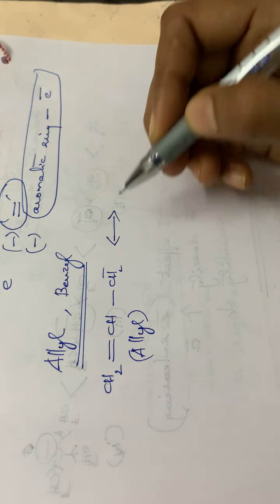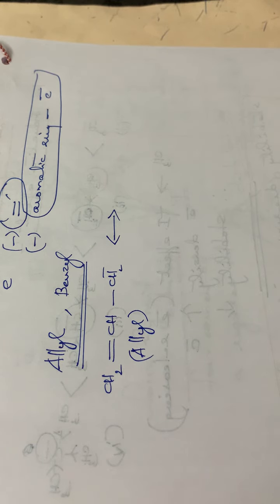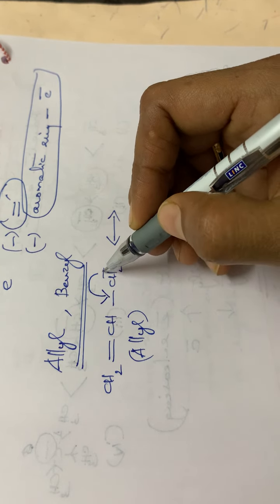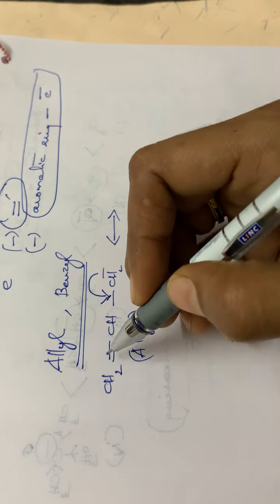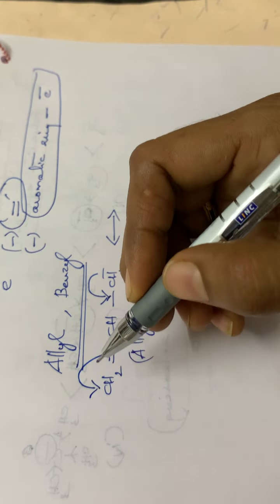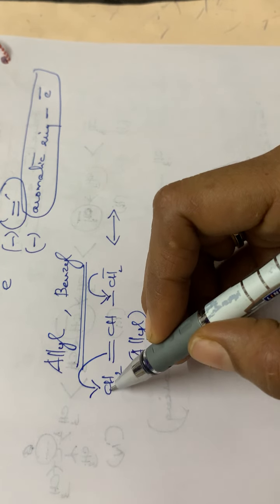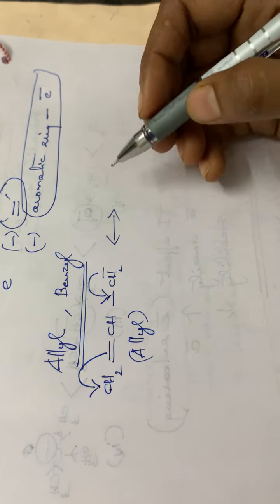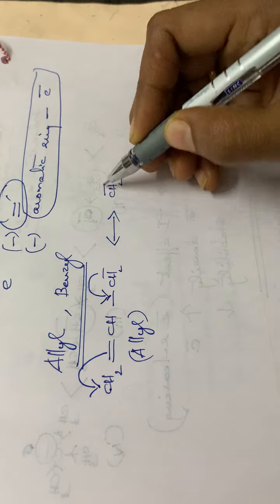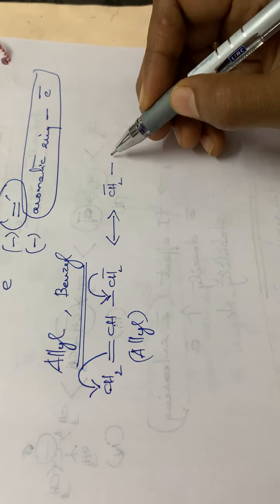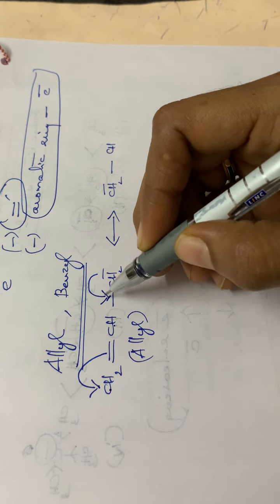So we have to write the resonating structure of this allyl carbanion. This negative charge will move to this bond, and the electron pair of the double bond will move towards this carbon atom. So this carbon gets a negative charge: CH2 minus, here it becomes a single bond, CH, and here it becomes a double bond.